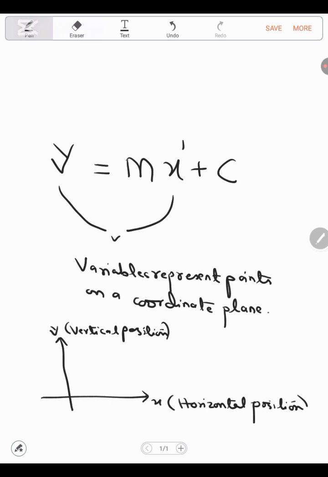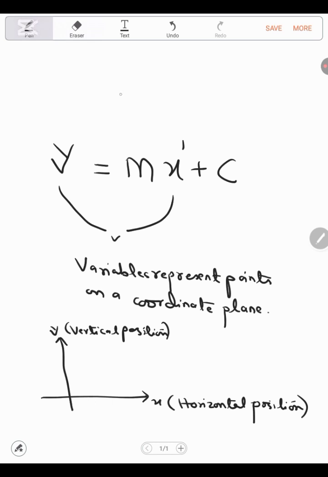So the x represents the x coordinates that are lying over the horizontal position, or you can say how far they are moving, and the y coordinates represent the vertical position, how far upwards or downwards they are going.